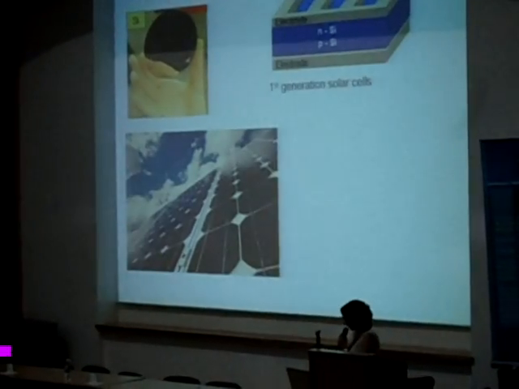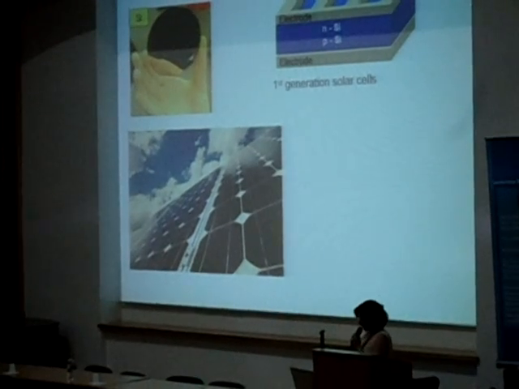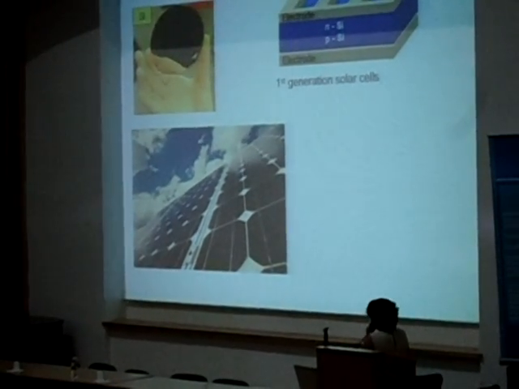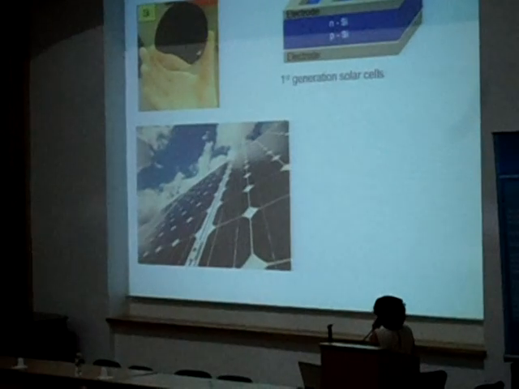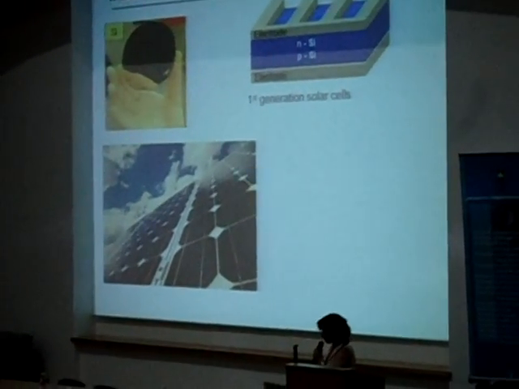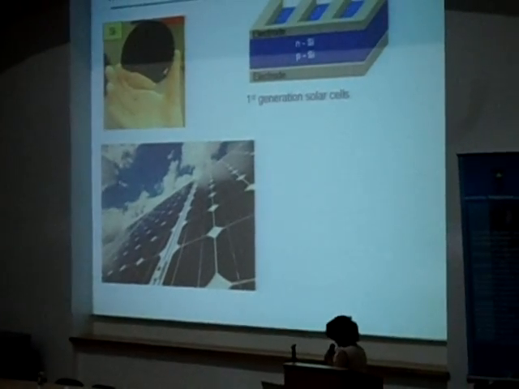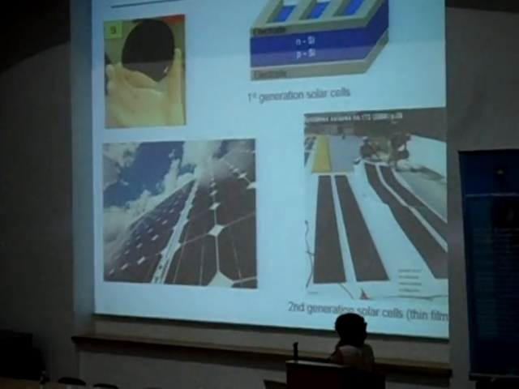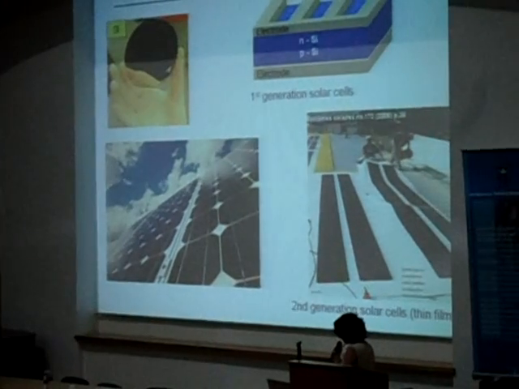So first, the electronics contribute to solar energy conversion by silicon wafers, which were used at the beginning for electronics, and now in the first generation, solar cells are very used; most commercial solar cells are based on silicon. Then we have the second generation solar cell based on thin film.